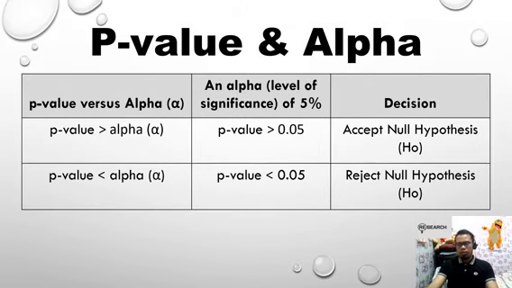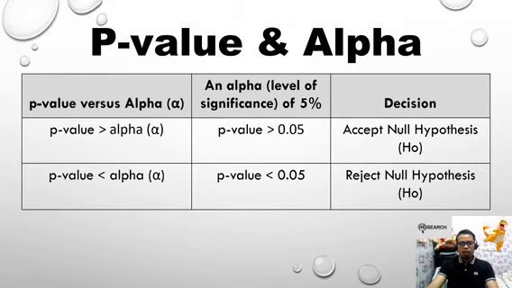We can also use 1% and 10%, but I will teach you, we'll be using 5% in our subject since this is widely used and widely acceptable. When you use 5% alpha, that is also equivalent to 0.05 when you multiply it with 100.